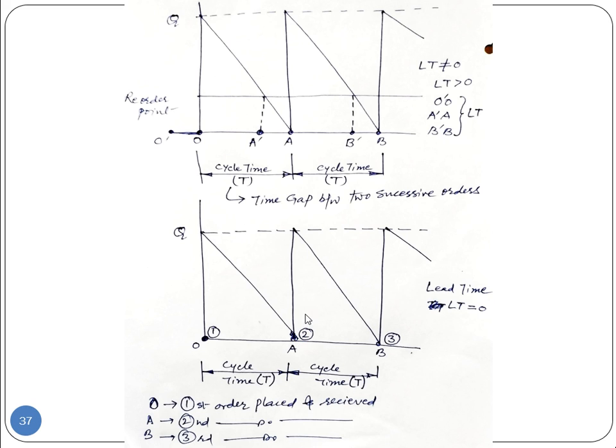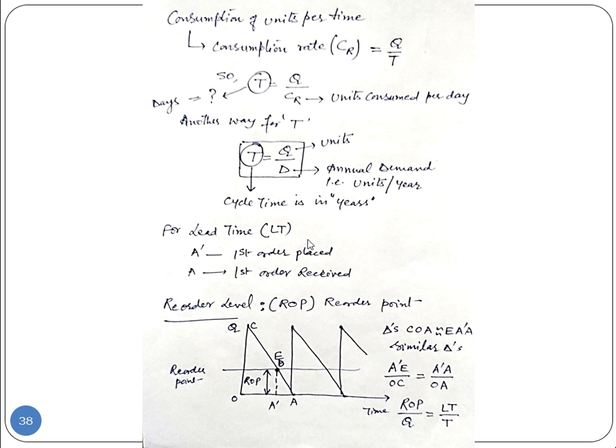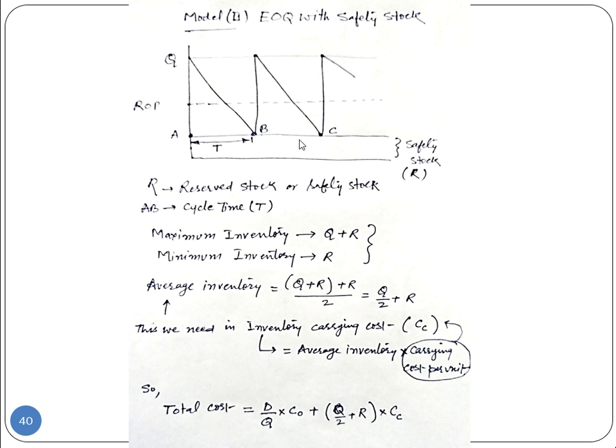In both cases the inventory goes to zero, and you get the full inventory. But this is not good for the business, so we have to keep some inventory for emergency cases.